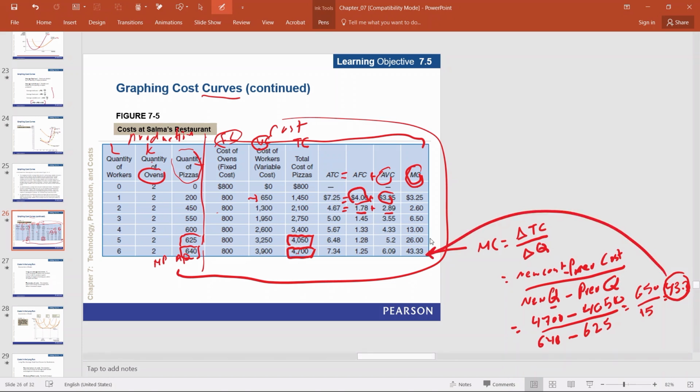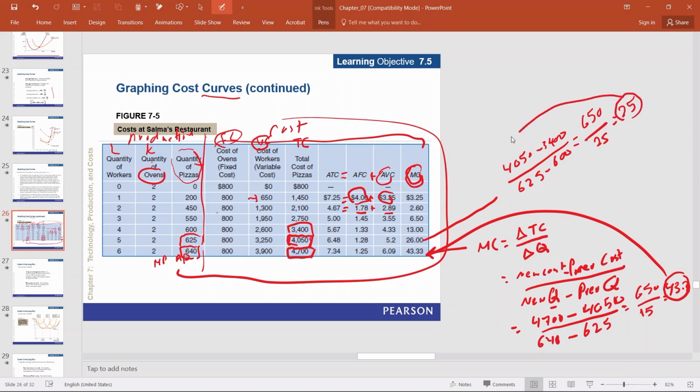So again, you will do the same way of calculation. If you take this number, this will be the new level, and this is the previous level. So it's 4,050 minus 3,400 over 625 minus 600, which is similar to this one.